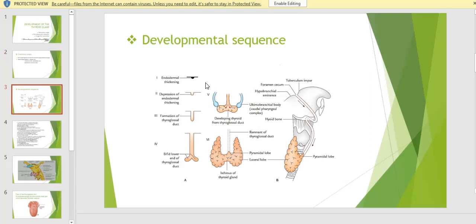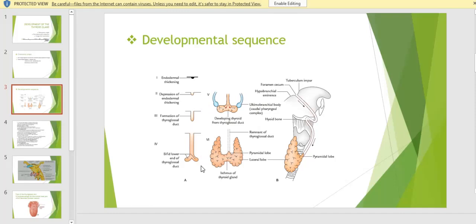So we have an endodermal thickening at the dorsum of the tongue. Then it forms a depression known as the thyroid diverticulum. Then the thyroid diverticulum elongates to form a thyroglossal duct.